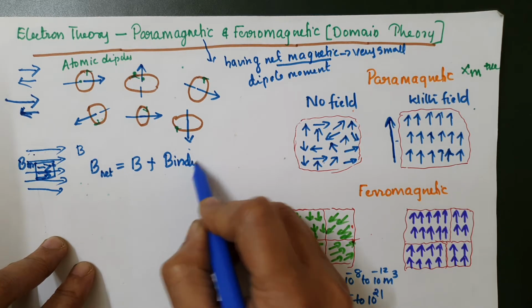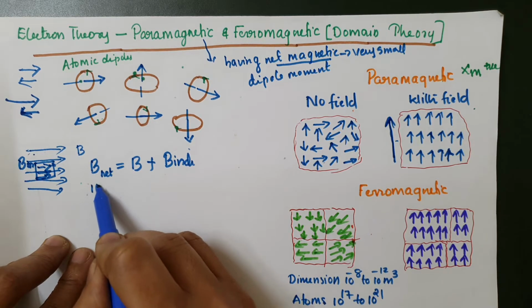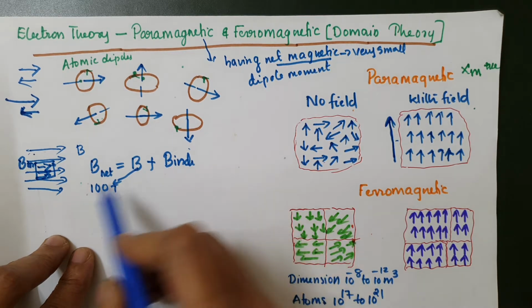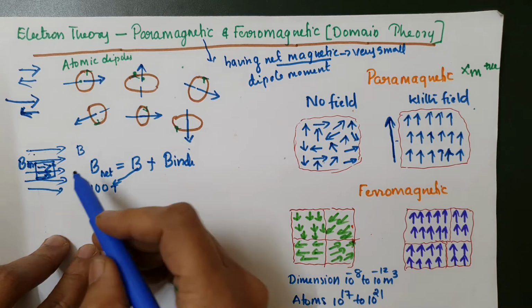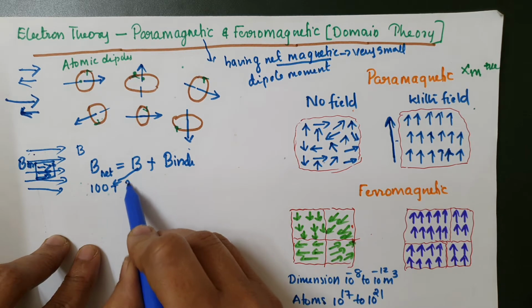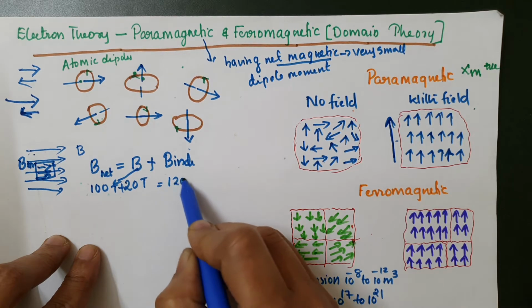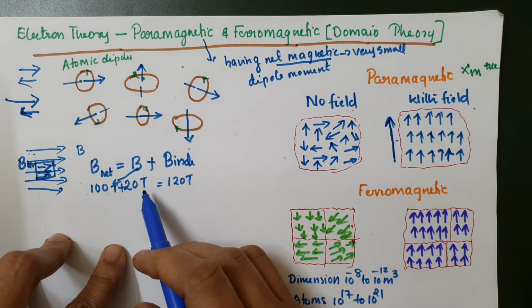That is, if the external field is, suppose, 100 Tesla, and I introduce a paramagnetic material so that its magnetic field is some 20 Tesla, then the resultant will be 120 Tesla.